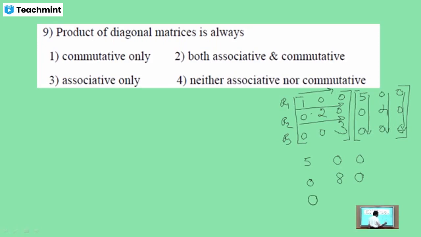First element is 0, second element is 0, third element is 6 into 3, that is 18. What you are observing here? Each element in the product is the product of the corresponding diagonal elements. Therefore, when you take the product of diagonal matrices, you are getting this.